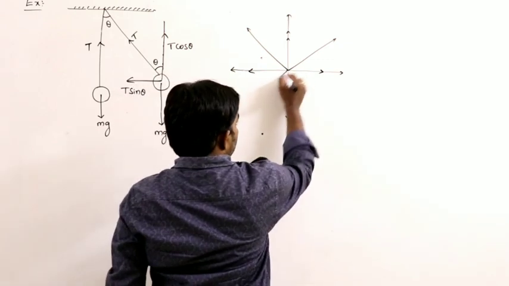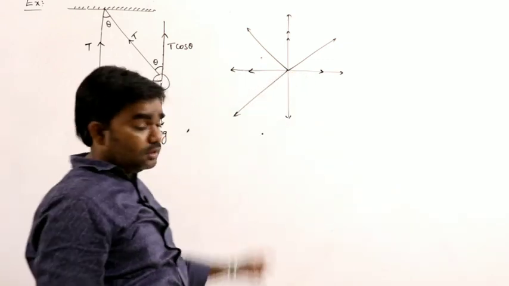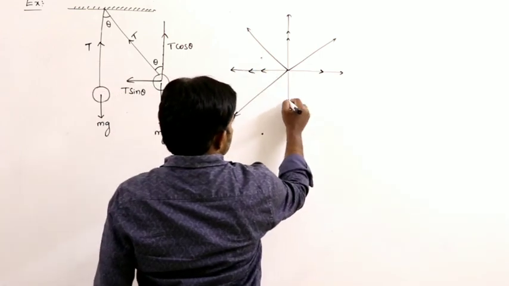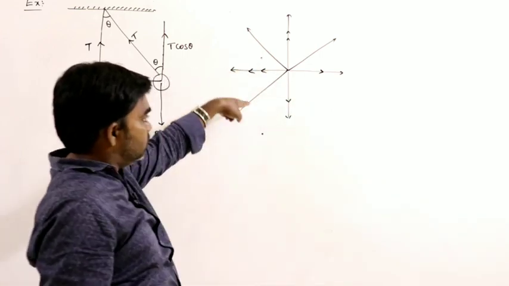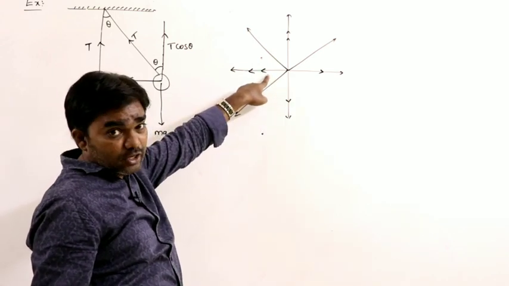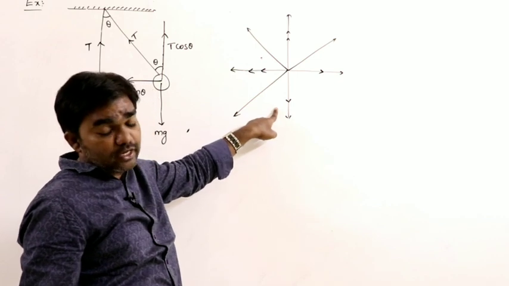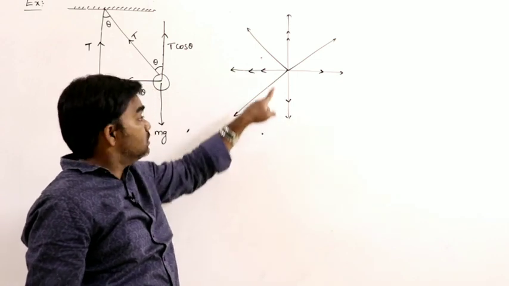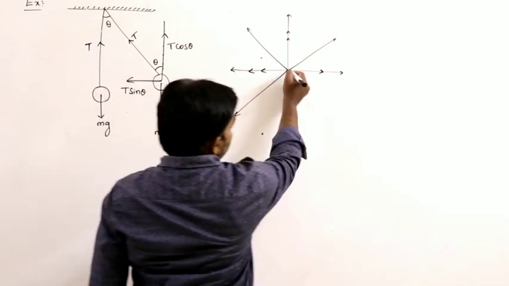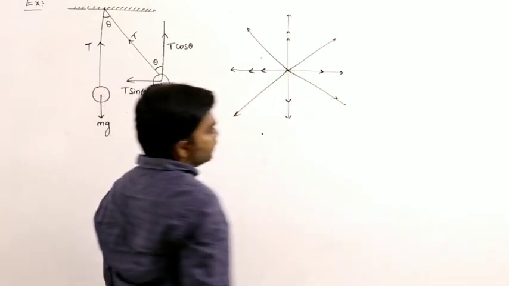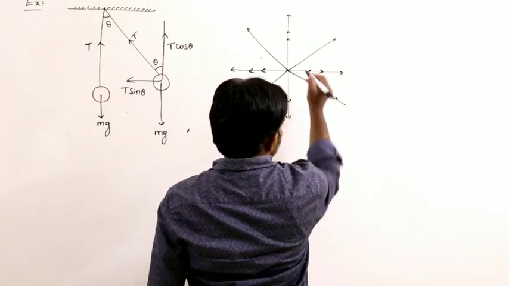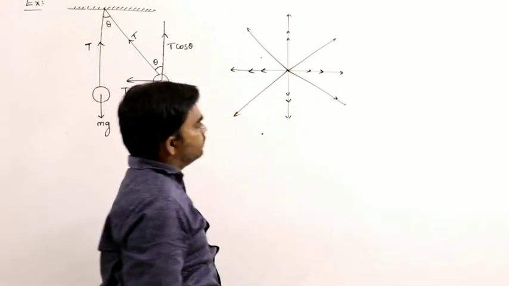If the vector is in the third quadrant, the two components, horizontal and vertical, must be along the negative x axis and the negative y axis. If the vector is in the fourth quadrant, the two components are positive x and negative y.